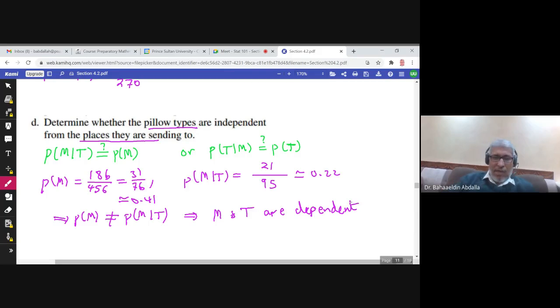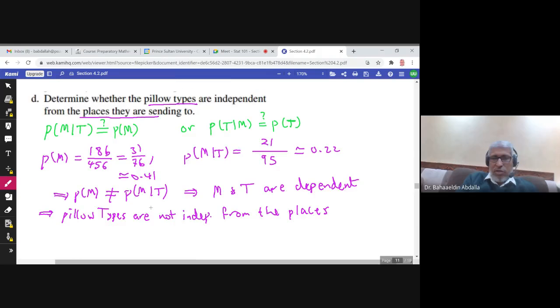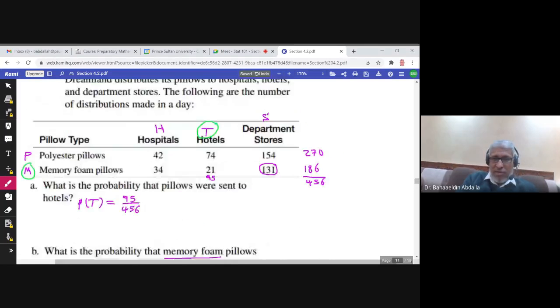And if M and T are dependent, then pillow types are not independent from the places they are sending to.